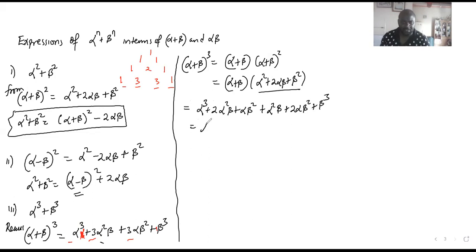So this expansion is alpha cubed, plus 3 alpha squared beta plus 3 alpha beta squared plus beta cubed. Now, what do we want? We want alpha cubed plus beta cubed. We make it the subject by saying it is alpha plus beta, the whole of this cubed.